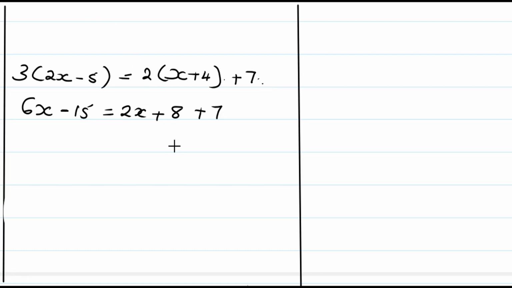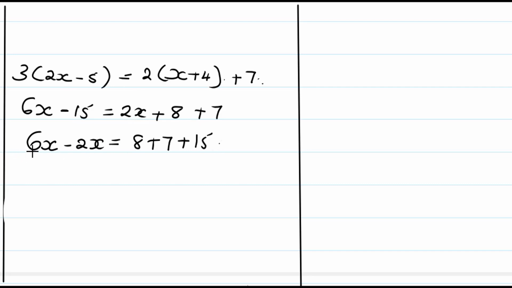Then from there, we group the like terms together, and here I can see I have x and 2x here. So I move this 2x to the other side, so it will be 6x minus 2x, because here it was positive, on the other side it will be negative, is equal to this 8 here, plus this 7 here, then this 15 here, I move it to the other side, and because it was negative on the left, on the right it will be positive, so it will be plus 15, like that.